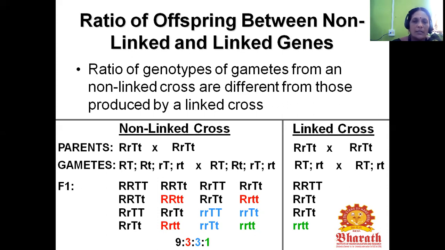In a linked cross, capital R, capital T, small t crossed with capital R, capital T, small t, you get a 3:1 ratio.